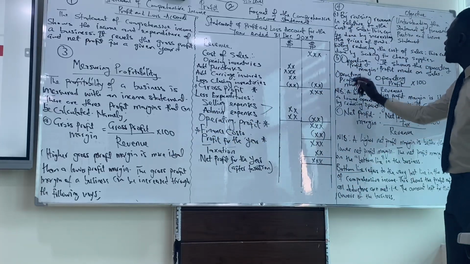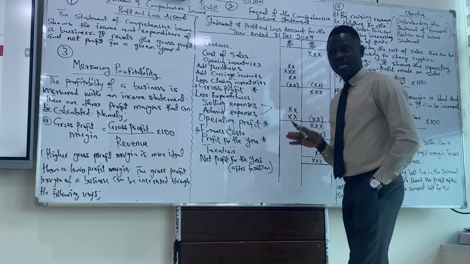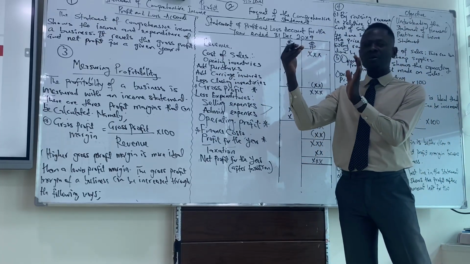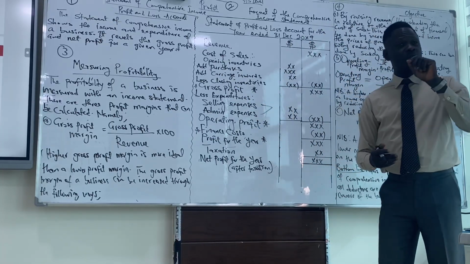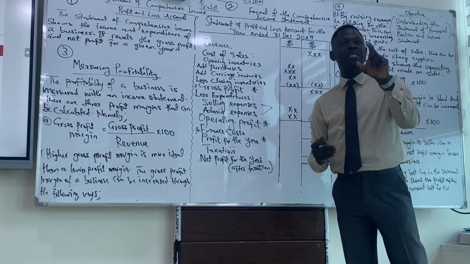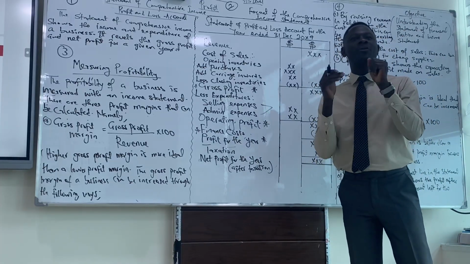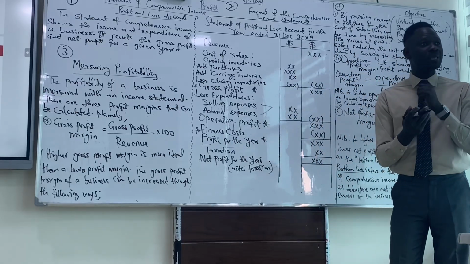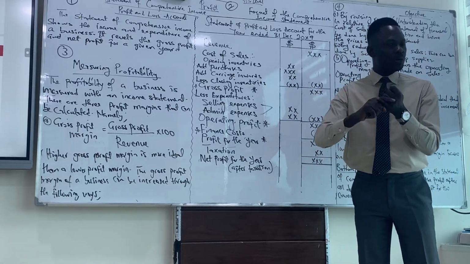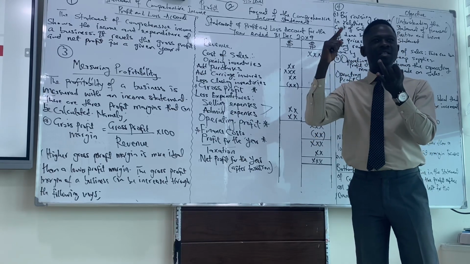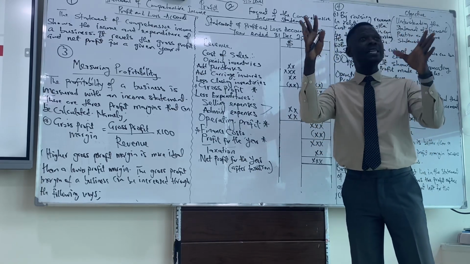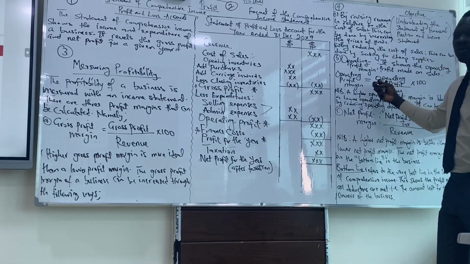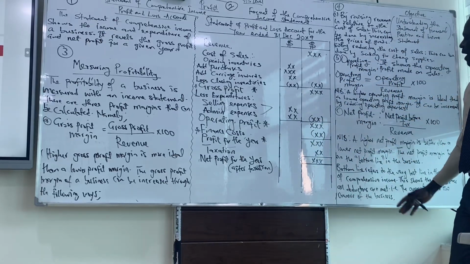Then the next one is operating profit margin. For operating profit margin, it simply talks about your operating expenses. You are taking your operating expenses away from your gross profit. So to increase your operating profit margin, you have to find a way to reduce your operating expenses. As soon as you are able to reduce your operating expenses, use less paper, reduce the wages, find a way to be efficient, it is expected that your operating profit margin will also increase.